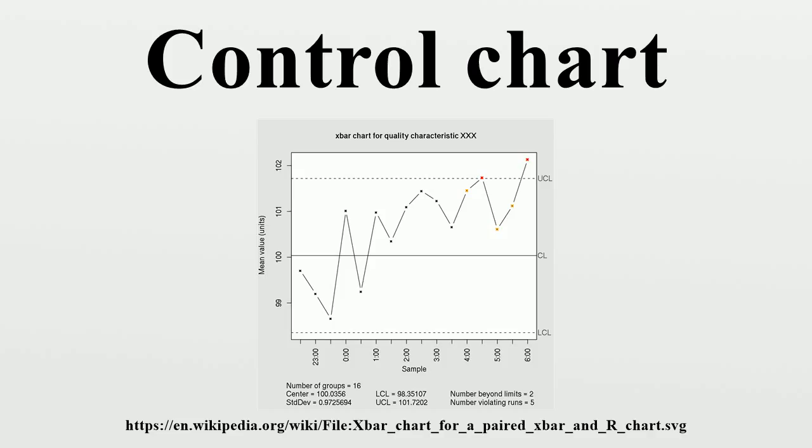Bibliography. Deming, E. On Probability as a Basis for Action. The American Statistician 29, 146-152. Deming, E. Out of the Crisis. Quality, Productivity and Competitive Position.